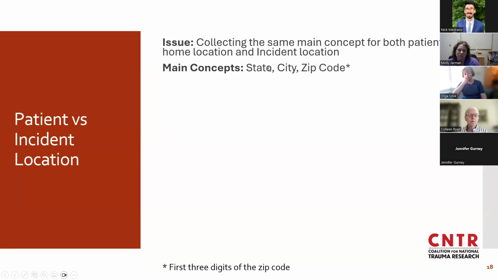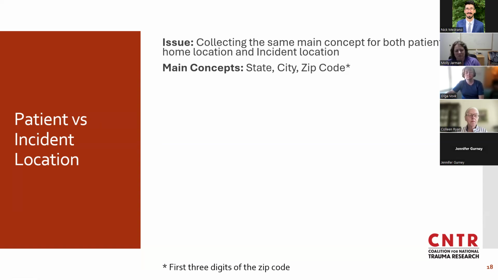So you can see that's already 6 CDEs, and we could potentially have death state, city, zip, and so on. So the idea is that we want to collect the main concept. The main concepts being state, cities, and zips. And then we can add the context in some other fashion.